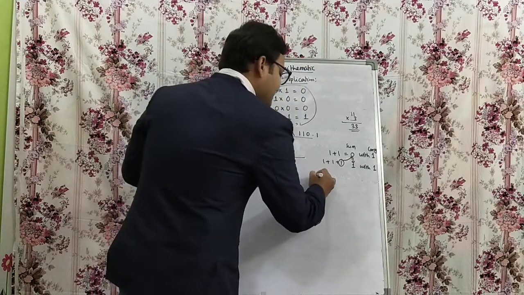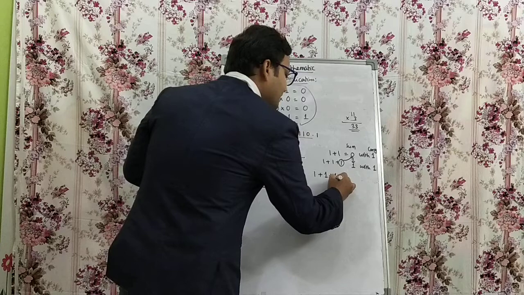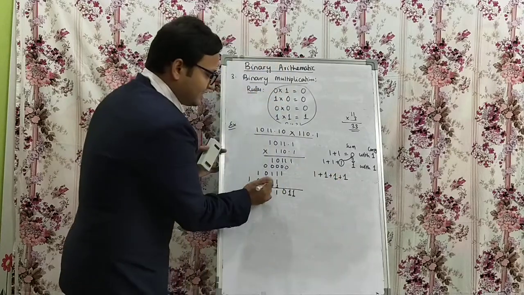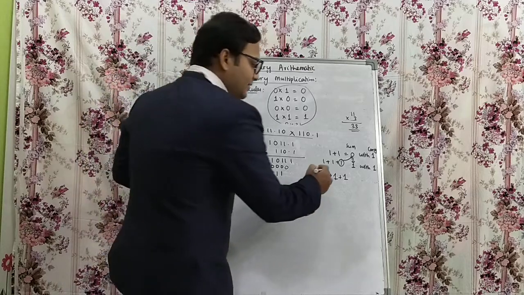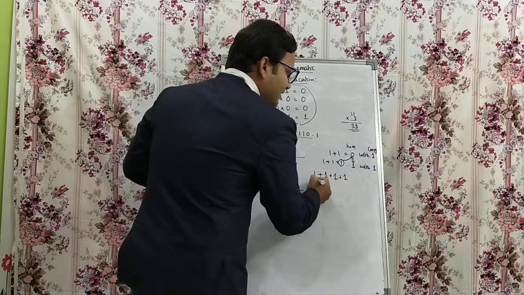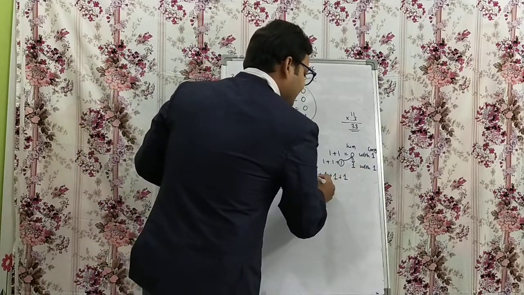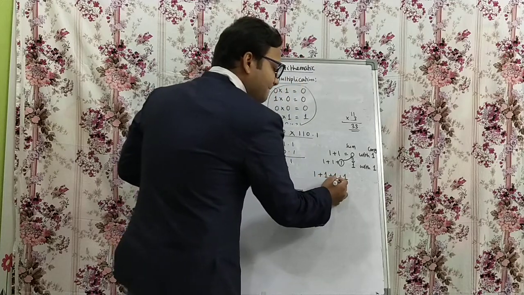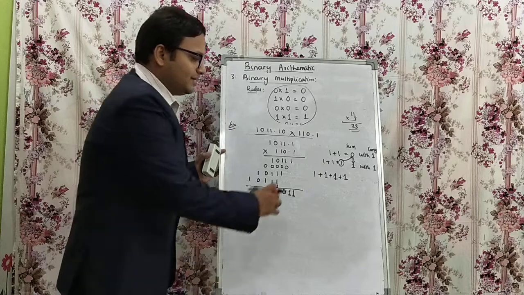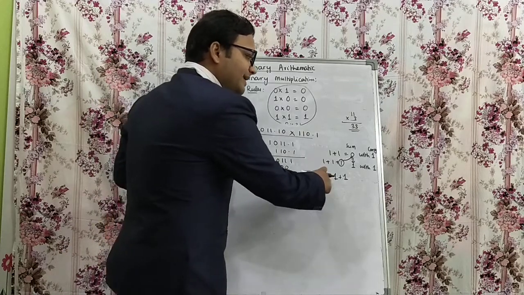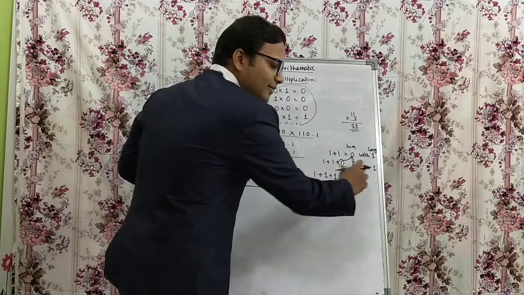Now if it is special, 1 plus 1 plus 1 plus 1, 4 ones are there. See, 1, 1, 1, 1. At that time what you need to do? First see here, this is 1 plus 1. See here, 1 plus 1, already there is a carry, 1 with carry 1.